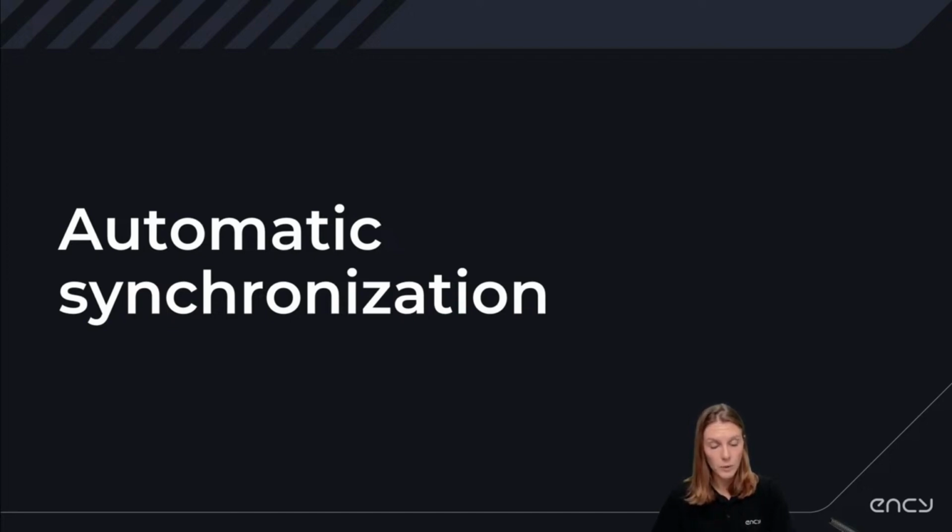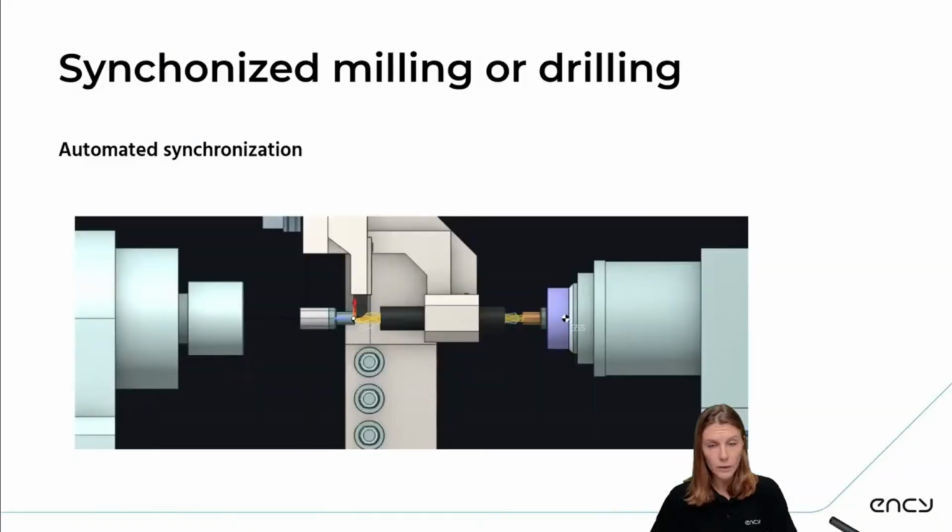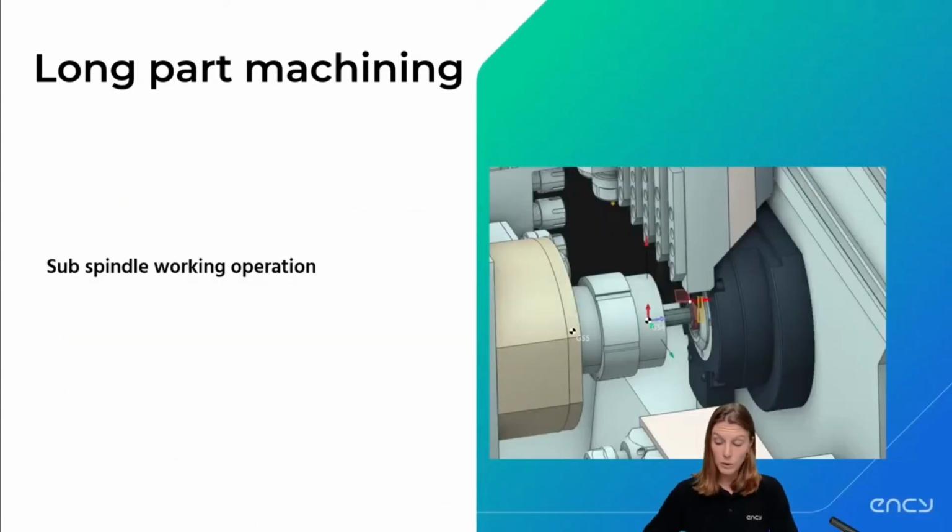Okay, what else can we find? We have seen synchronized drilling already. One more nice and hopefully important type of machining would be long part machining. And as you know, in Swiss lathe machines, the axis limits and the way how far Z1 and Z2 can travel is really limited.